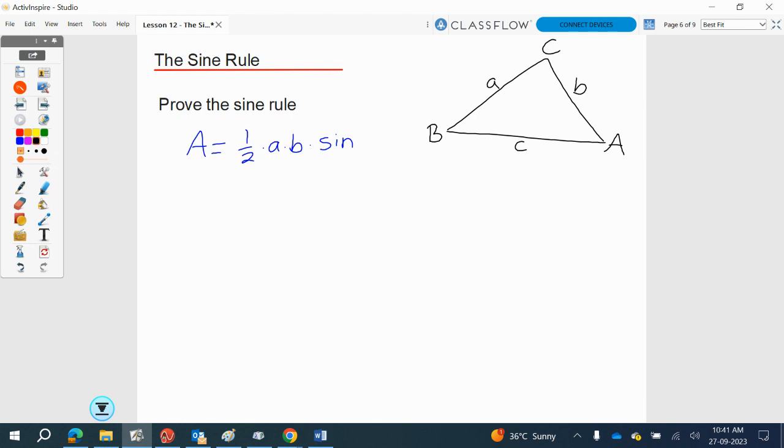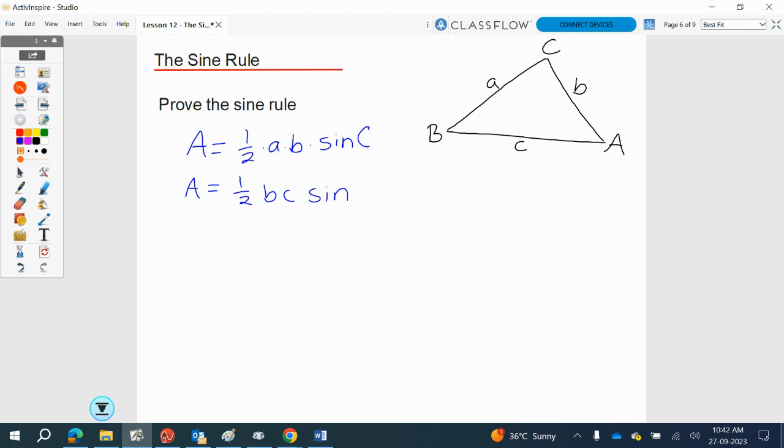So we can say that this is a half AB sine which angle? We don't have a theta in the diagram. Which is the included angle of A and B? C. The area is equal to a half BC sine, which is the included angle of B and C?